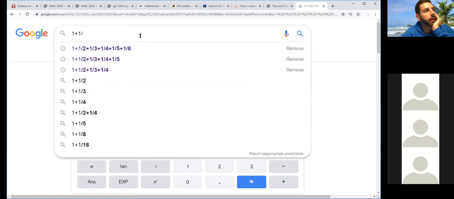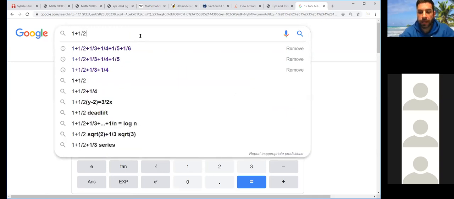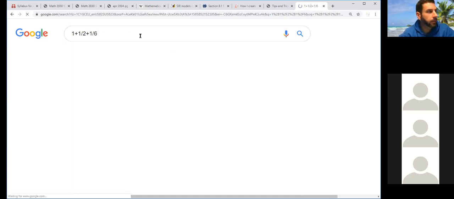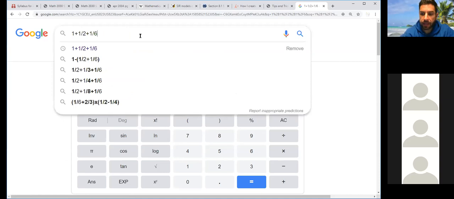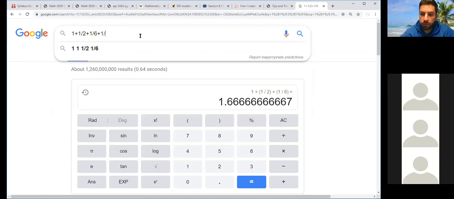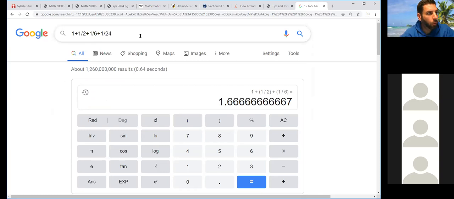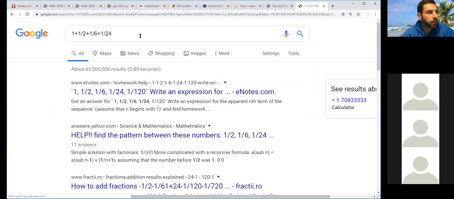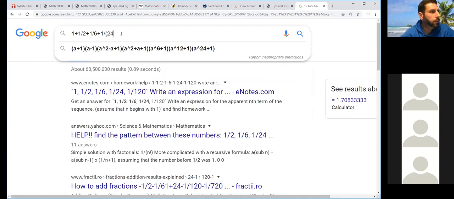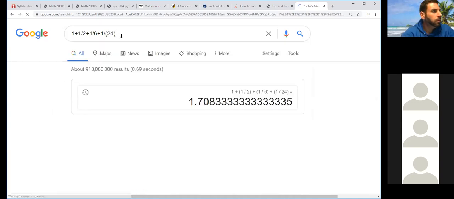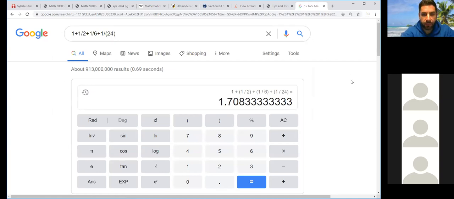However, if I look at the other guy, if I say 1 plus 1/2 plus 1/6, then I look at that partial sum, I get 1.667. Now, if I add the next guy, which is 1 divided by 24, now I get 1.7.